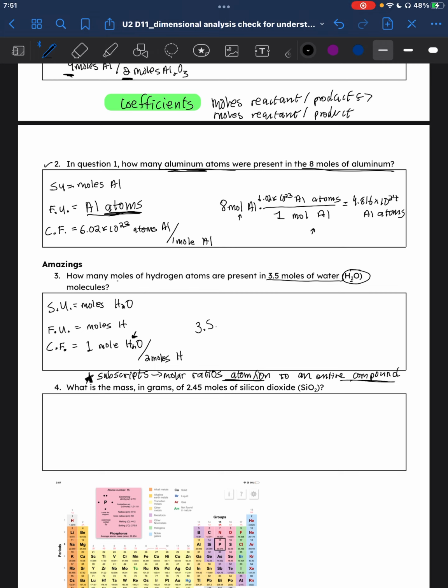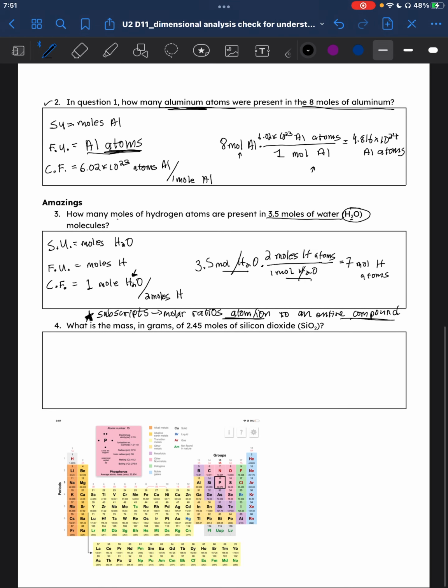All right, so for 3.5 moles of H2O, I have 1 mole of H2O on the bottom. This is going to cancel. And 2 moles of H atoms. And so I get 3.5 times 2 divided by 1, 7 moles of H atoms.